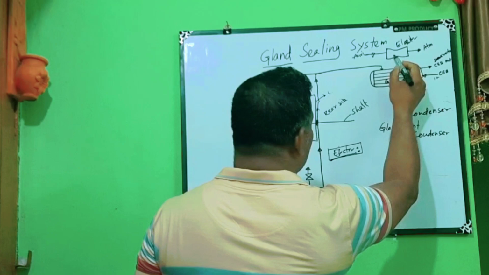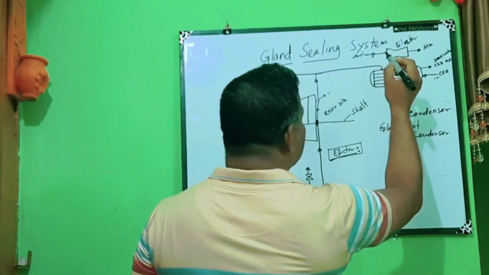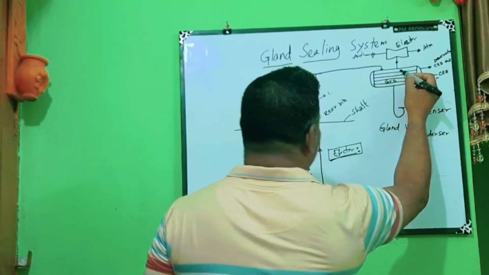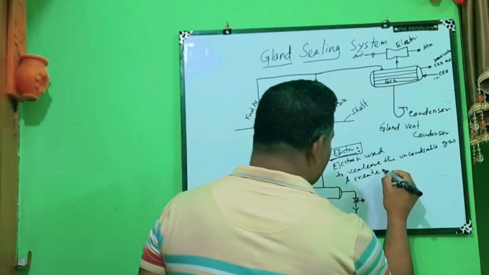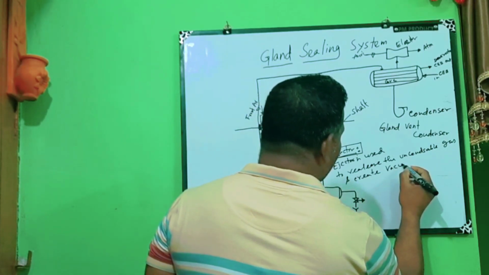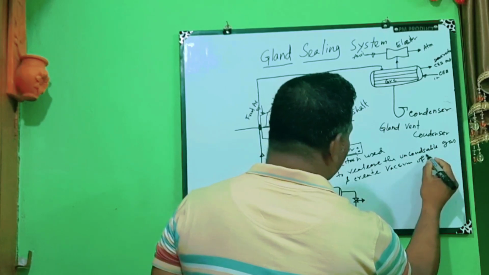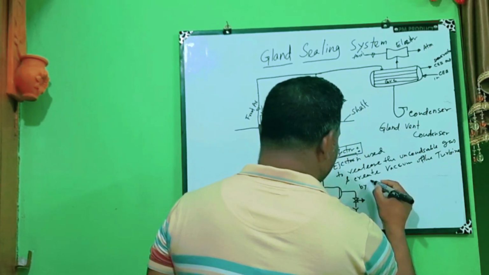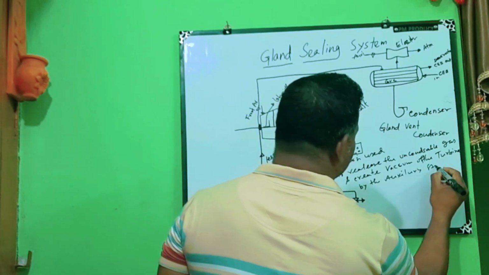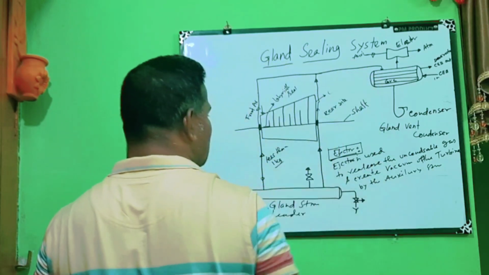Normally an ejector is used to release the uncondensable gas and create vacuum of the turbine by the auxiliary steam. I hope you understand the function of the ejector.